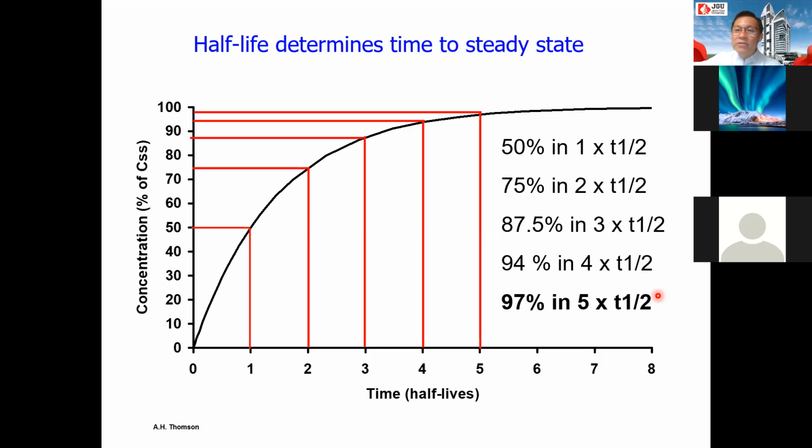So let's say you take 30 hours, 30 times 5, how many? 150. 150 hours means how many days? Around 6 days. So after 6 days only, it will achieve steady state.